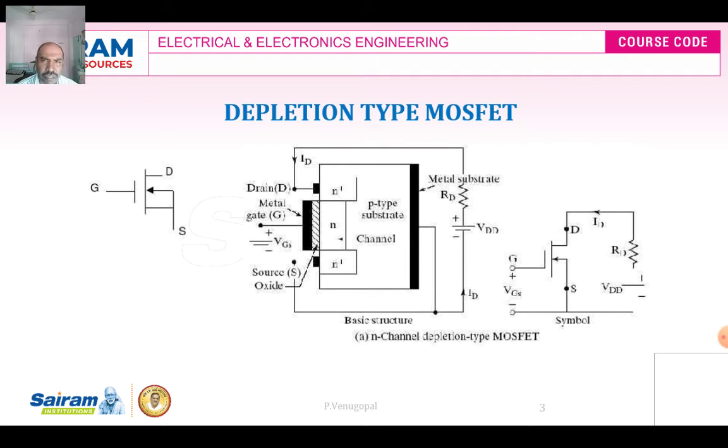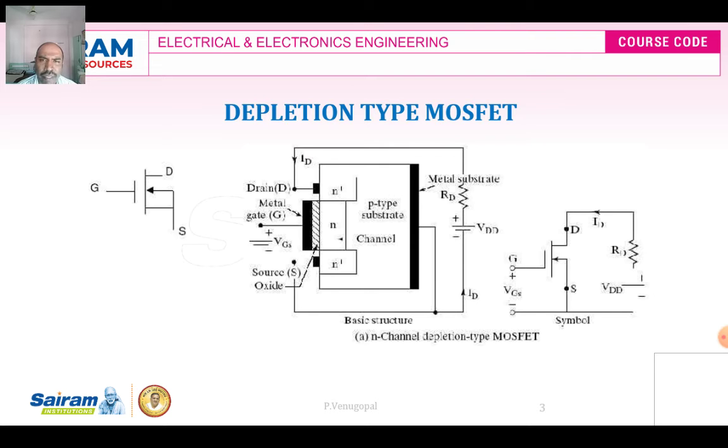So here you observed how the N-channel depletion type MOSFET is fabricated or formed. The substrate which we are using here is a P-type substrate, and the channel is N-channel. Above the channel, there is an oxide layer, a silicon dioxide layer, and above that we have the metal.